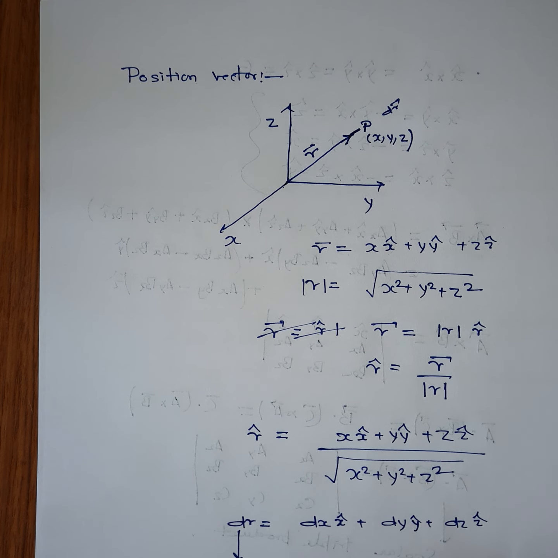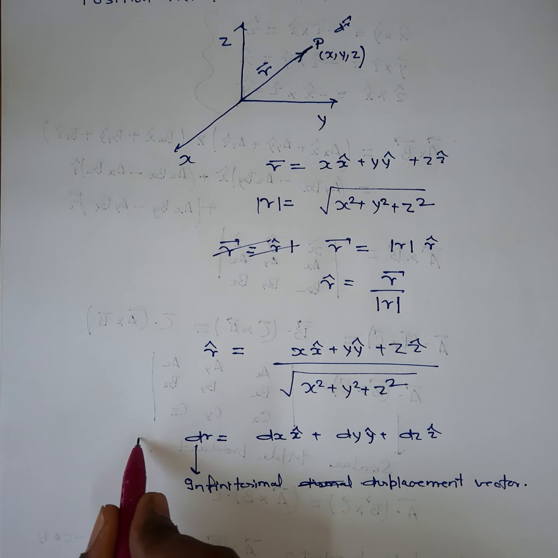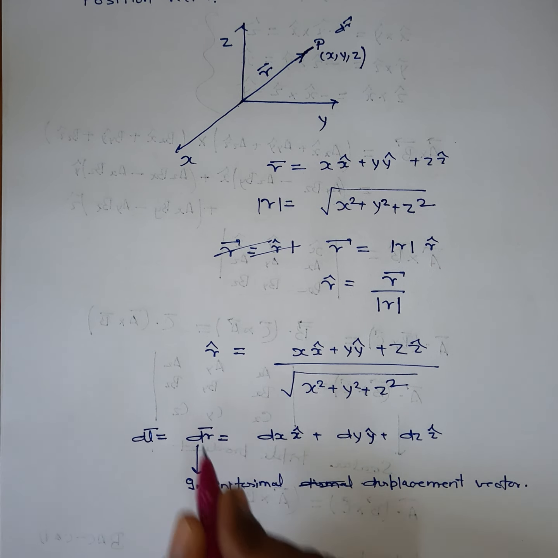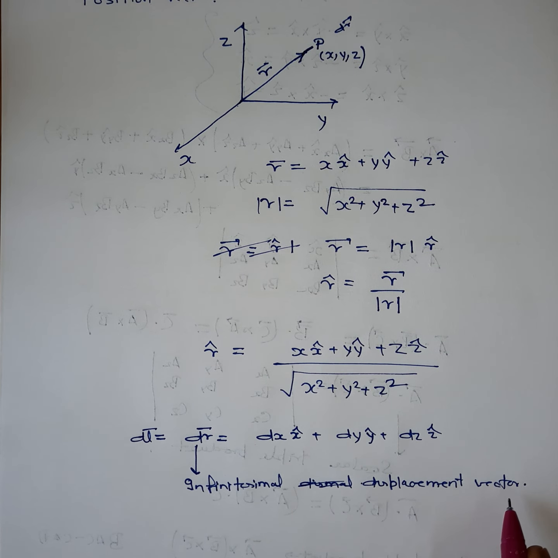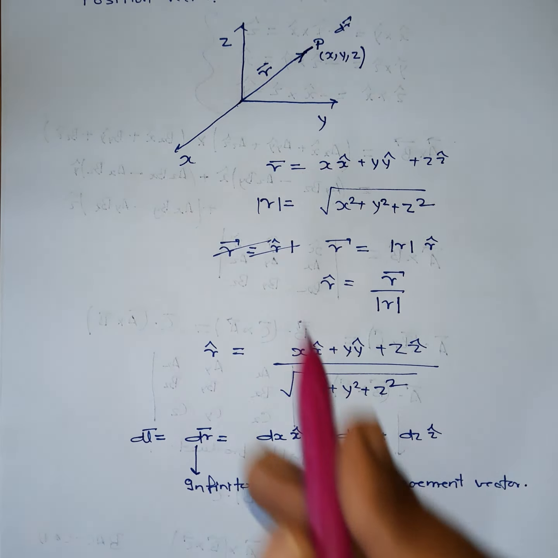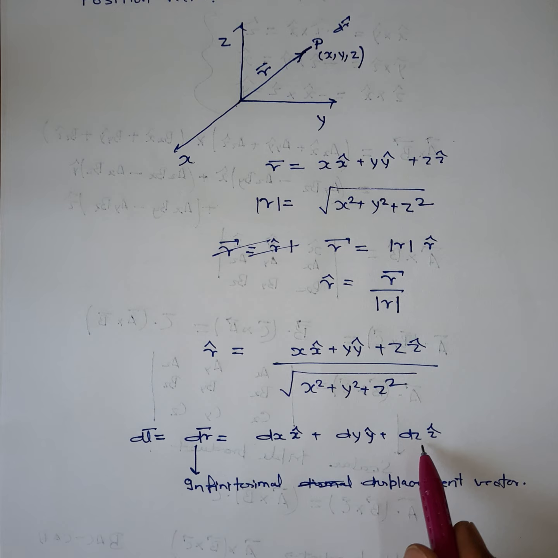This dr is also denoted as dl, is a vector quantity, and it is called the infinitesimal displacement vector. It is equivalent to a small change along the x-axis plus a small change along the y-axis and a small change along the z-axis. So this is how the infinitesimal displacement vector is defined.